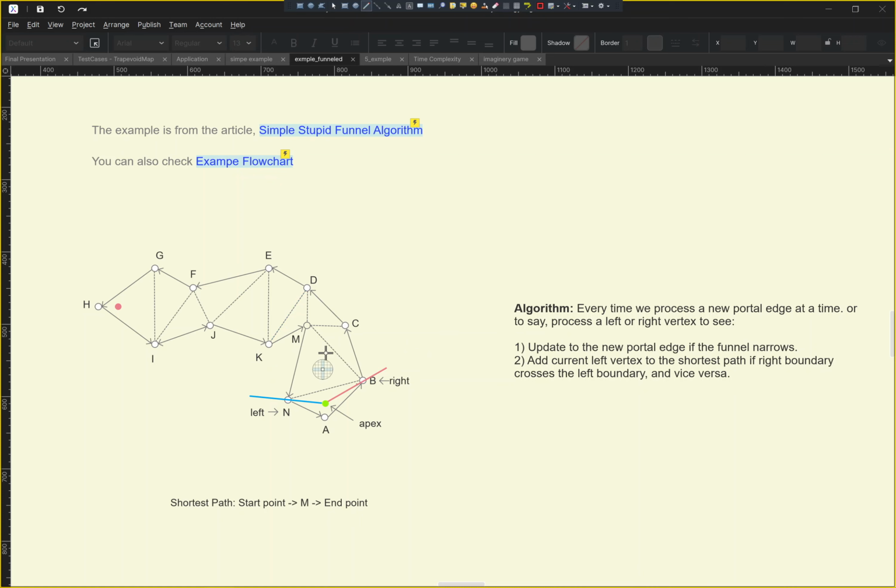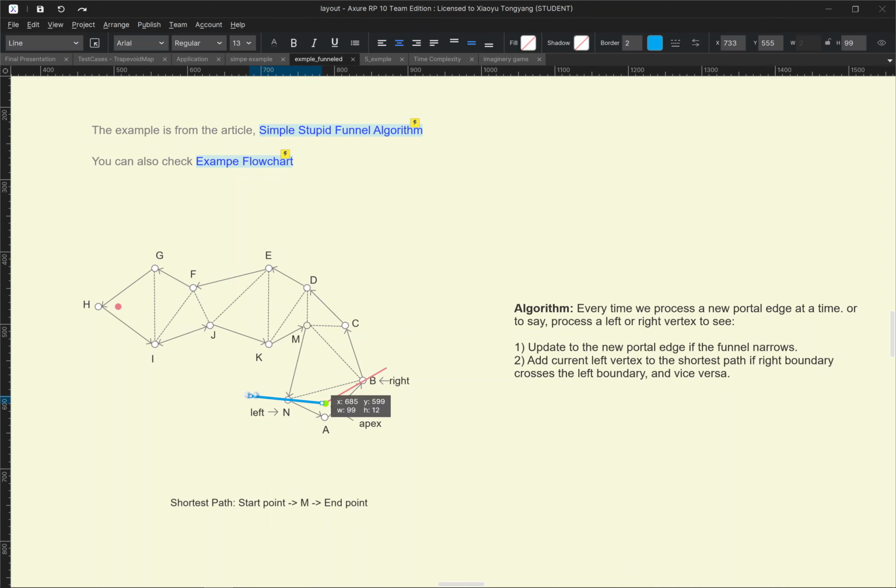So next, we process each of these internal diagonals one by one. The first vertex we need to process is point M, so we need to update the left boundary to M. Let's try to update it. We move the left boundary from N to M, and we find the funnel narrows, so it's okay.